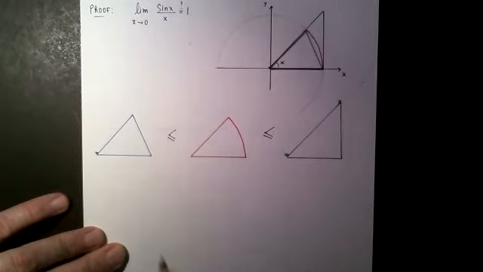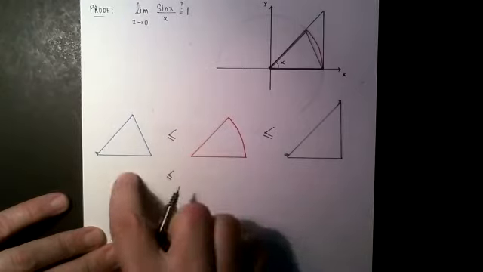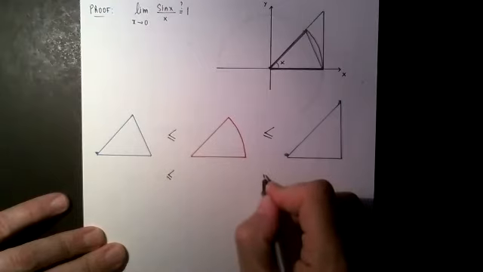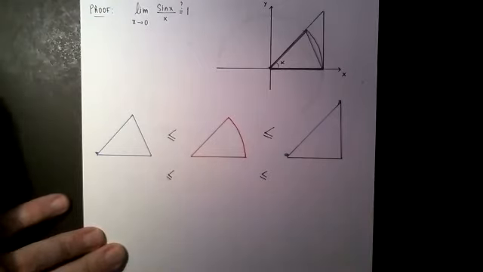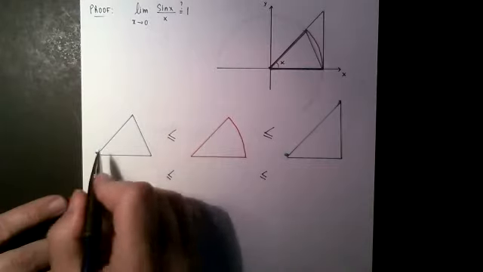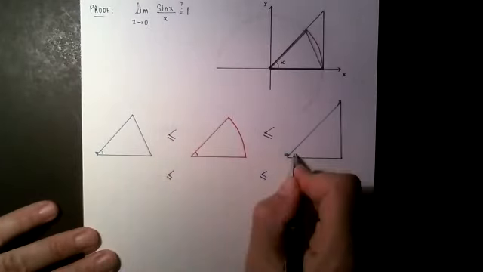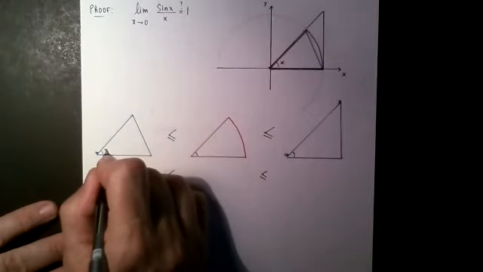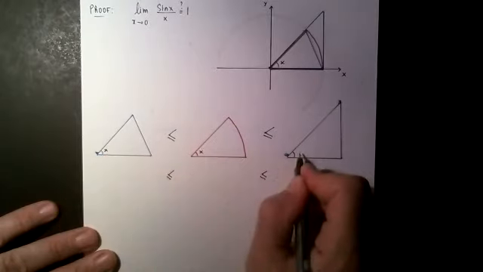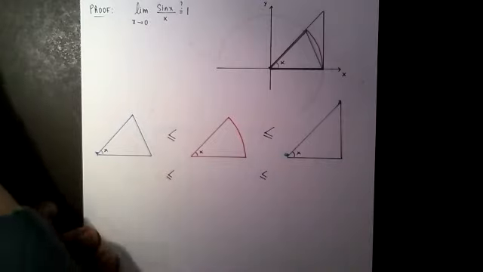In other words, the area here will be smaller than the area here, which will be smaller than the area here. Okay, so let's put on all the values that we know here. So this is x, and this is x. This is 90 degrees.